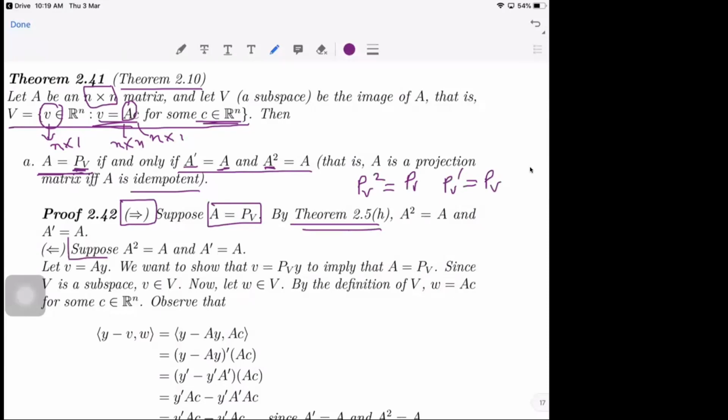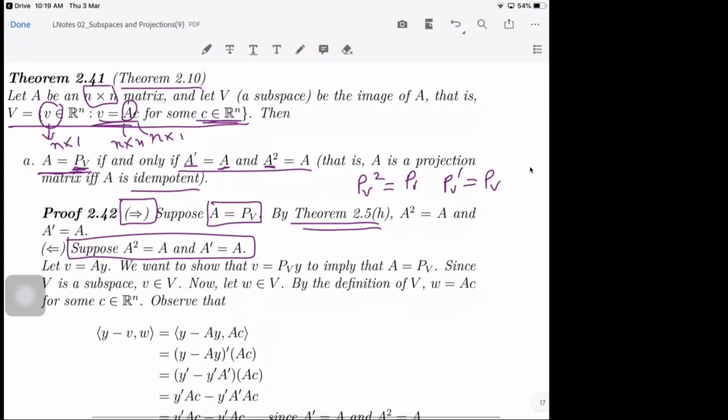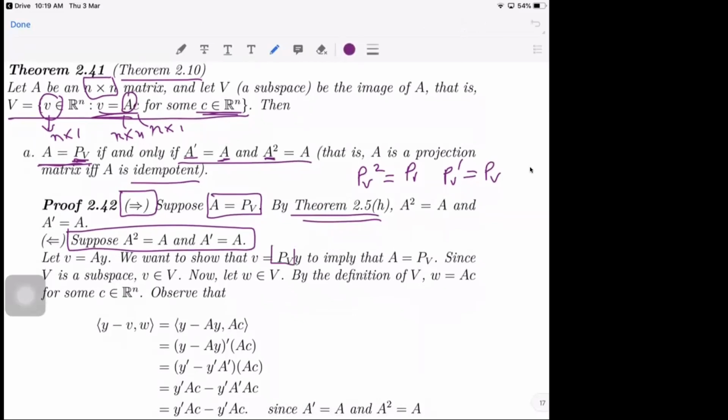That is, suppose that your A is an idempotent matrix, and show that this matrix is actually the projection, so that it can be AY or equivalently AC.